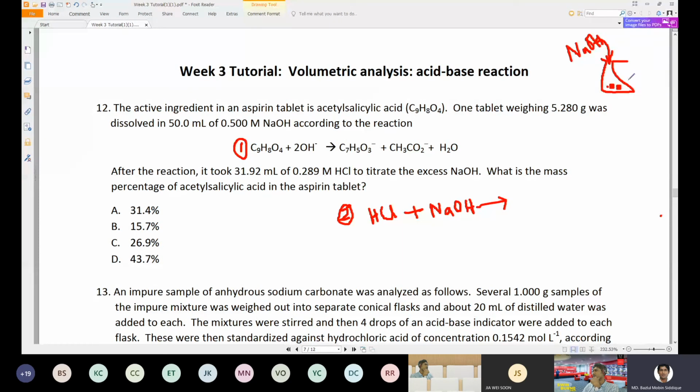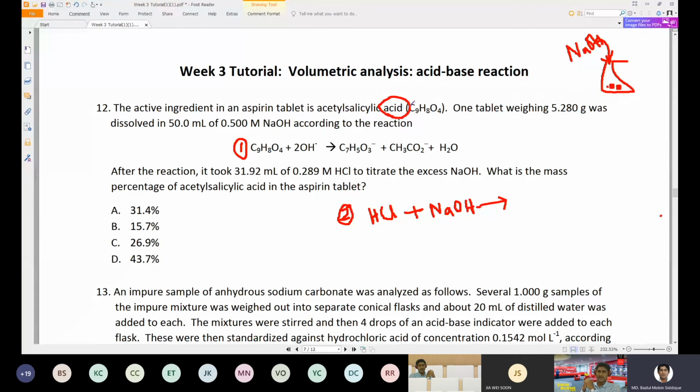I do not measure that I am adding 10 or 15 milliliter. Let's say I am adding 20 milliliter. I don't require 20 milliliter, but I am adding it to be more sure that this acetyl salicylic acid, although it is a weak acid, is totally neutralized by this base of sodium hydroxide. That's why I am adding an excess amount of sodium hydroxide.